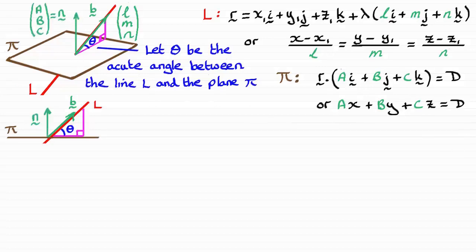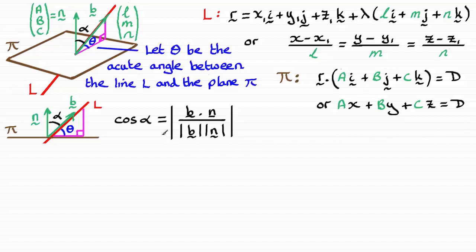And what I'm going to be doing is working out the acute angle, let's say alpha, between the normal n and the vector b, which is the vector parallel to the line. And we can do that very easily by taking a rearranged version of the scalar product or dot product.